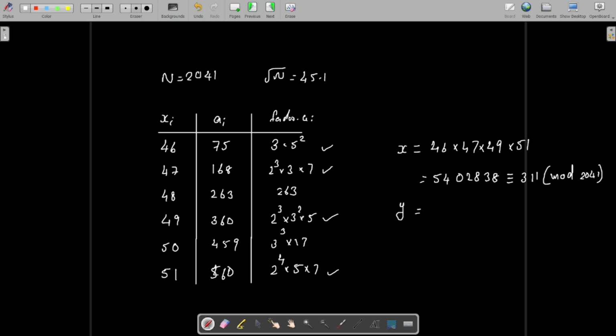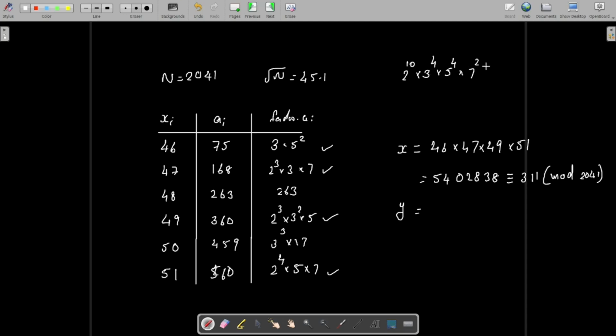And y we have chosen in such a way that we write the product of ai's and take the square root. Actually here the product of ai's is 3 into 3 into 3 square, that is 3 raised to 4. Then 5 square into 5 into 5, that is 5 raised to 4, into 7 square. Then 2 cube into 2 cube is 2 raised to 6, then 2 raised to 4, you have 2 raised to 10.